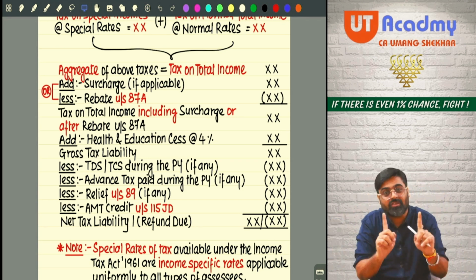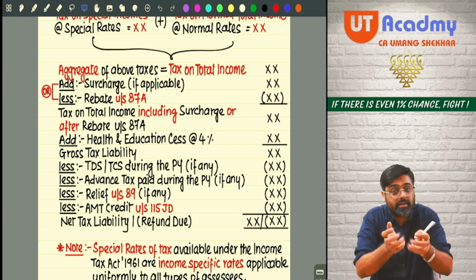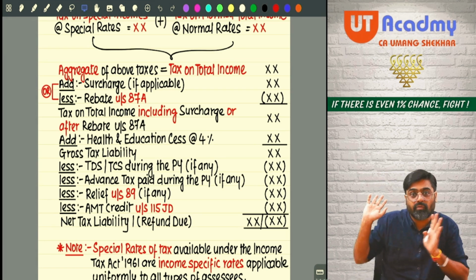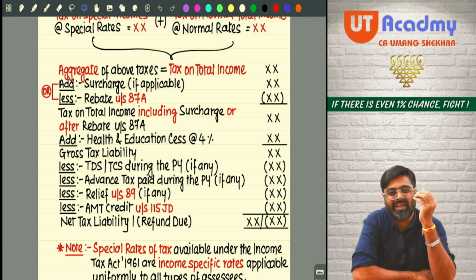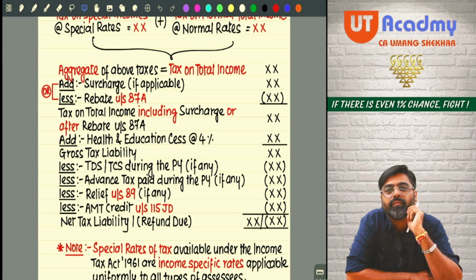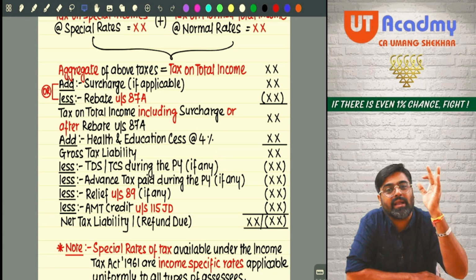So while applying surcharge, be a little bit cautious and attentive that you have to check for marginal relief also. Now you will get an idea. Suppose in the exam you calculated your total income and the amount came 51,22,000.